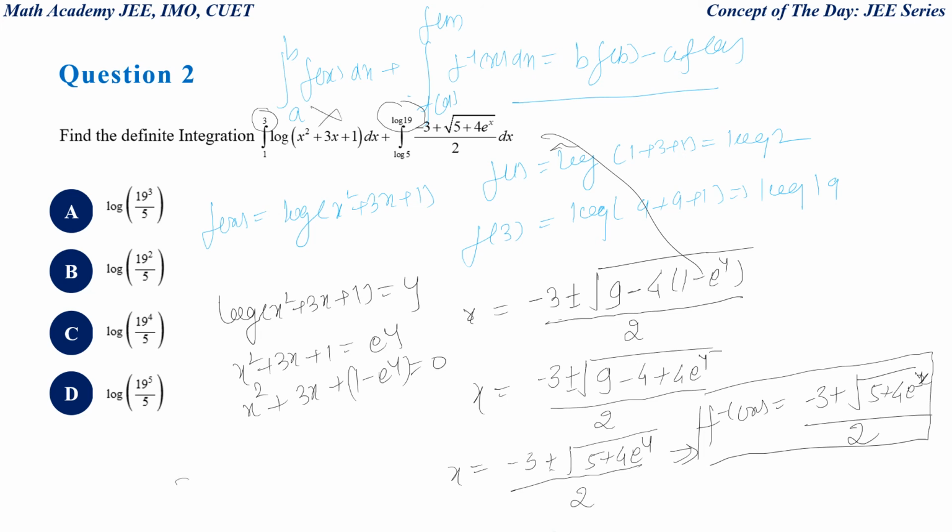That will be equal to 3 times log 19 minus the lower limit of the first integral with the lower limit of the second, that will be equal to log 5. Let us simplify this one, and I hope you can do this at one level. That will be equal to log of 19 to the power 3 divided by 5. Option A will be correct.